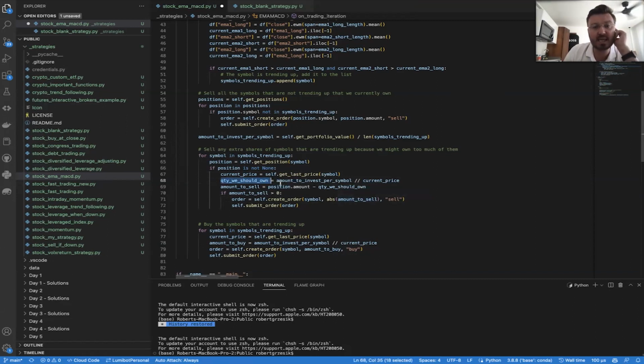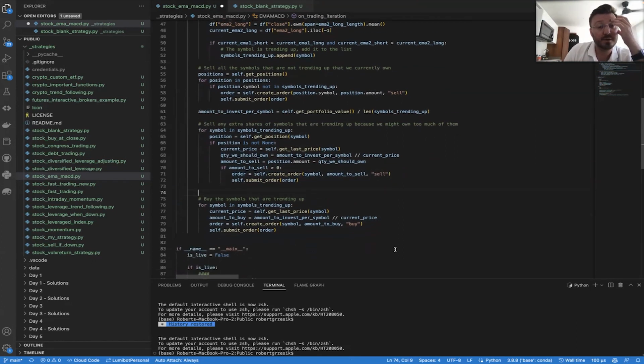And let's say the position we currently own is 1,500 shares. So we don't need absolute here. Now I'm thinking it through. So it's 1,500 shares that we currently own and the quantity that we should own is only 1,000, so there's 500 that we should sell. That's going to place the sell order here.